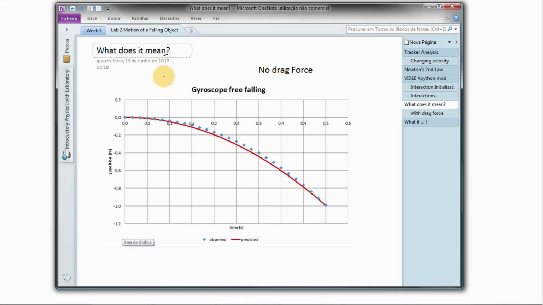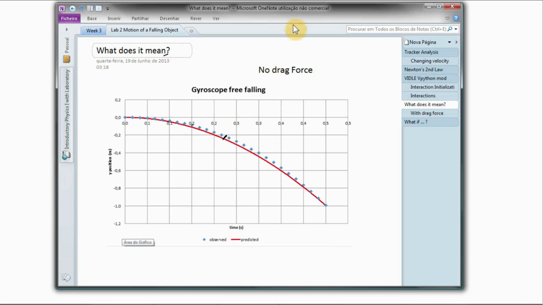So what does it mean? As I said, the experimental data and the model data seem to fit well, except here where there is a slight discrepancy. This was assuming that there was no drag force.